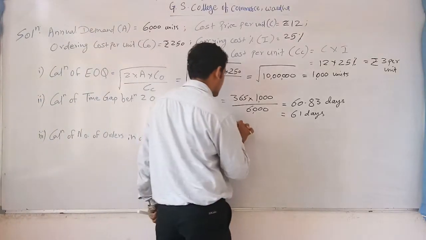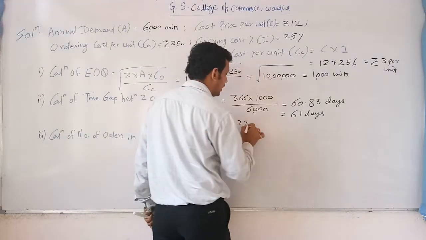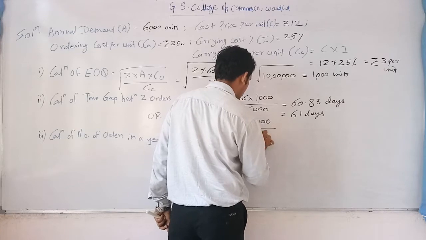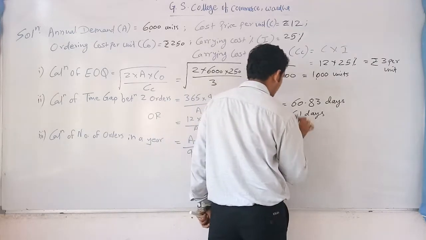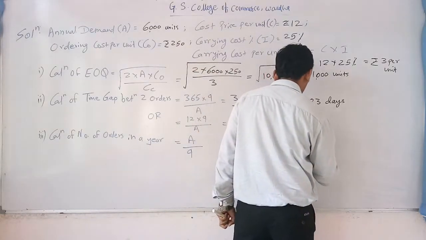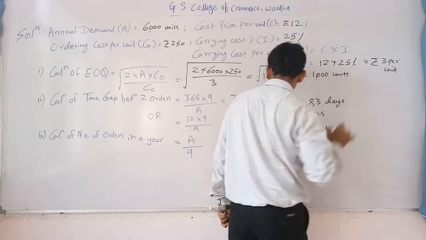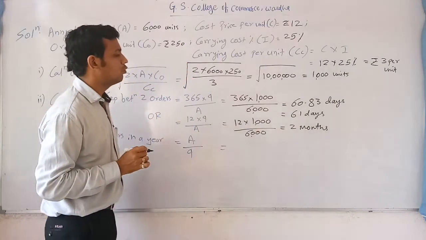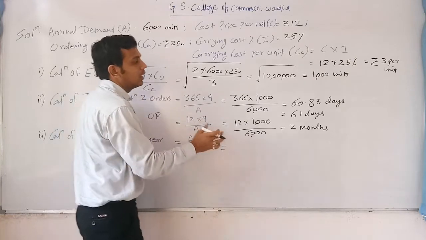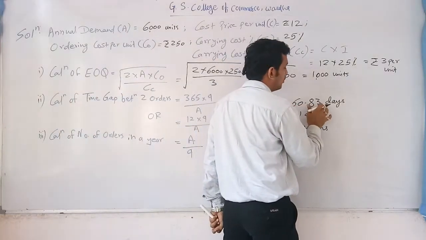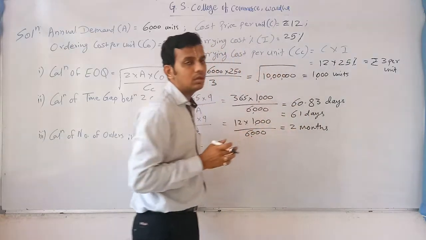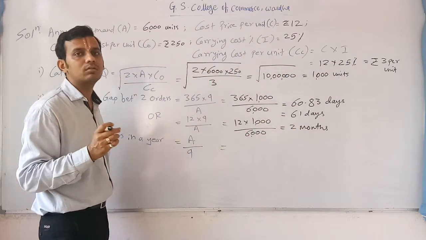Now for months, again filling in the same values: 12 multiplied by Q, that is EOQ, 1,000, divided by annual demand of 6,000. By simplifying the formula, we get our answer as 2 months. So what we understood is that the answer in both cases was the same. Here the answer was 60.83 days and here we get exactly 2 months, as 30 days are generally considered in a month.